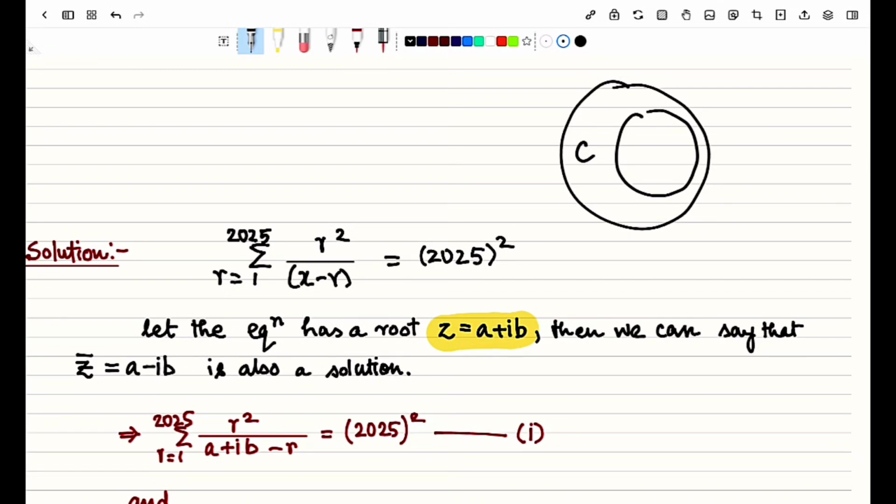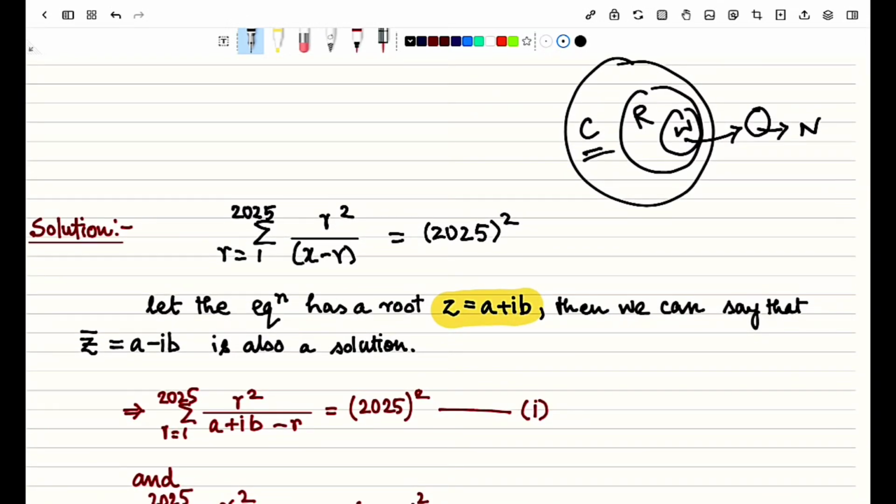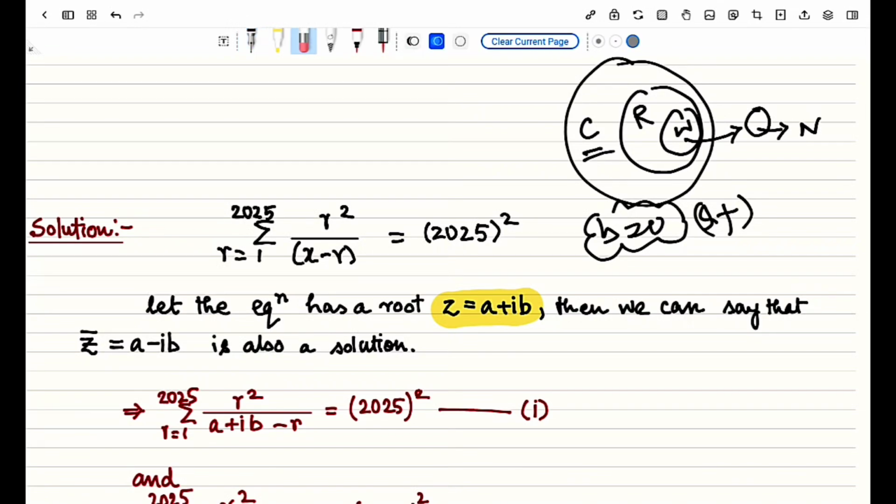If b is equal to 0, this will be a real solution.